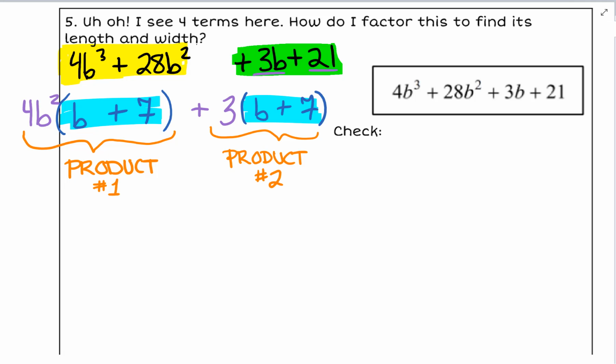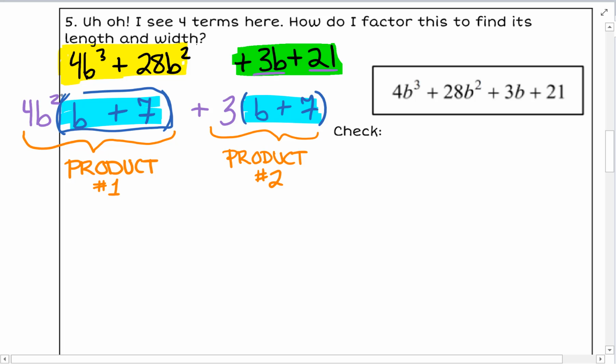So does the first product and the second product, which we're adding together, have a greatest common factor? Do they have something in common? Yes, they do. b plus 7.